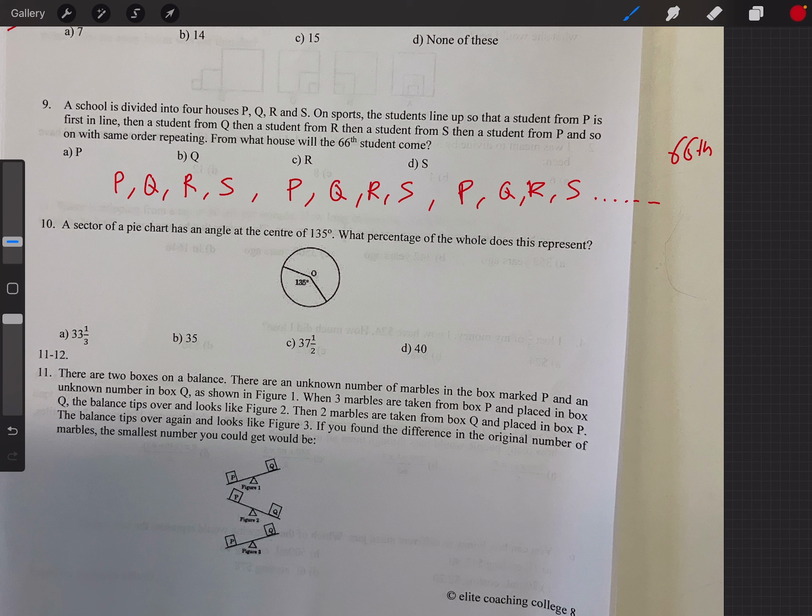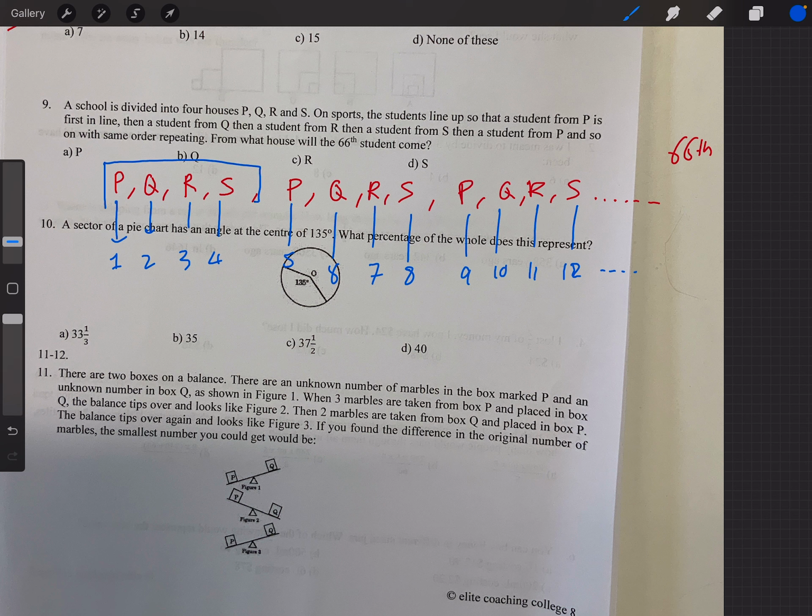Okay, so we have to look at this in terms of order. This is the first person, second, third, fourth. This is 5th, 6, 7, 8, 9, 10, 11, 12, and so on. So you can see that it's repeating every 4 people.